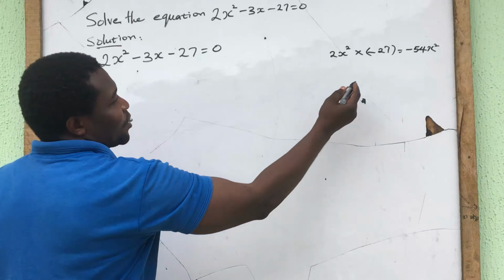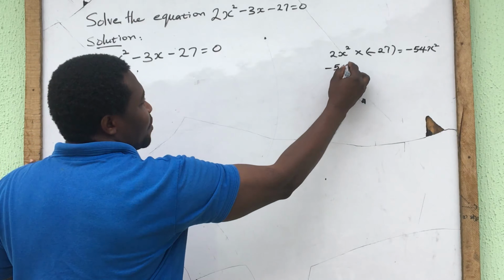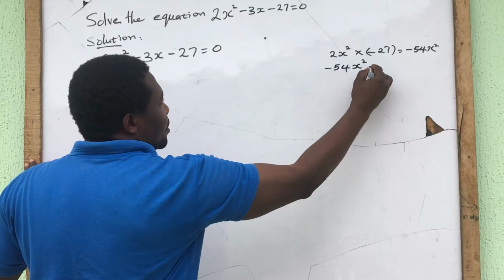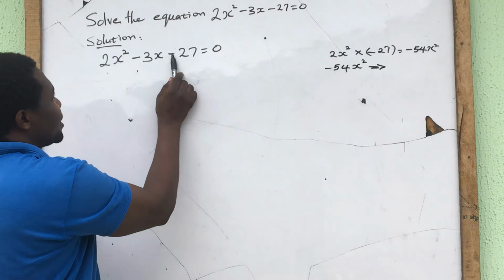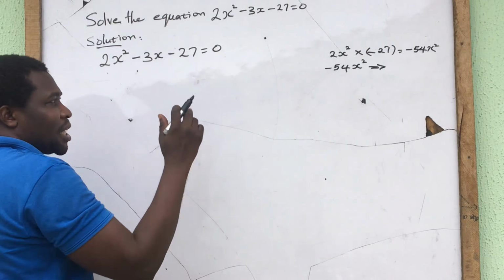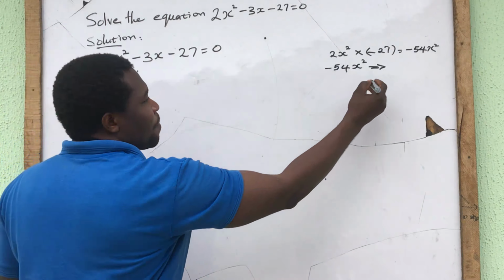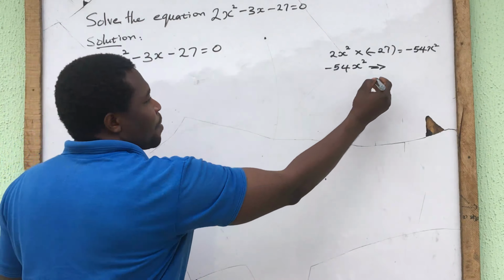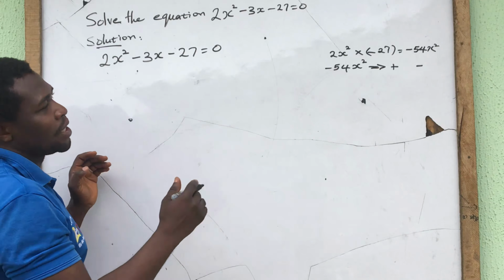So to have the factors of minus 54x squared now, this negative sign, minus, is telling us that we are going to have 1 plus and 1 minus. So the two signs are not the same. 1 plus, 1 minus.